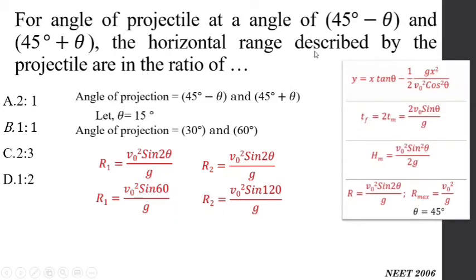The horizontal ranges described by the projectile are in the ratio of, that means we need to find the ratio. So R1 by R2 will be equal to sin 60 divided by sin 120, because V square by G will get cancelled from both sides. Sin 120 is nothing but cos 30, and both are equal to root 3 by 2. That is why the ranges will be 1:1. So the correct answer will be option B.